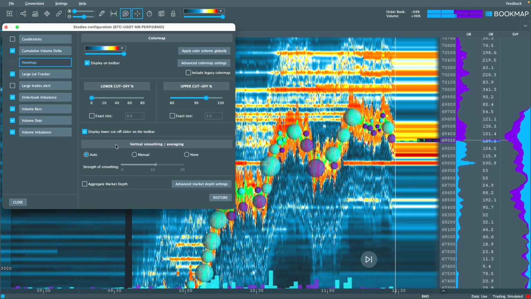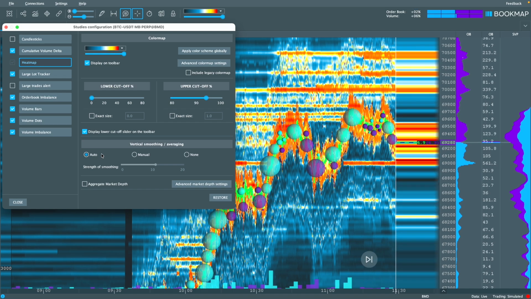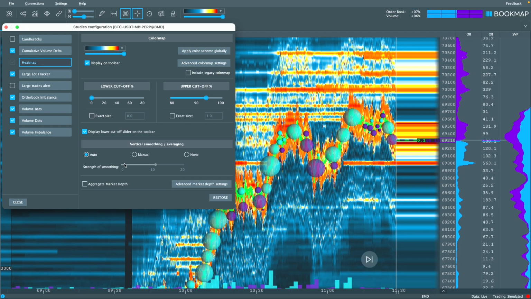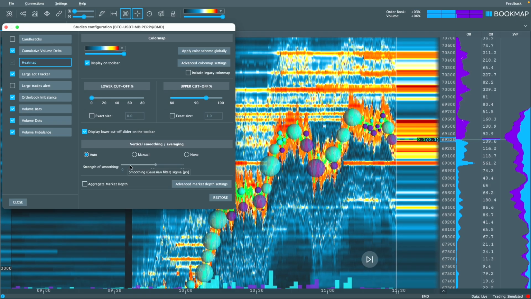Now below that, we have the vertical smoothing settings of the heat map. This stays on auto so that the display adjusts naturally as we zoom in and zoom out. We avoid heavy smoothing because over-smoothing can create the illusion of stable liquidity when in reality that liquidity may be dynamic or rapidly changing. The goal here is to have structural accuracy.